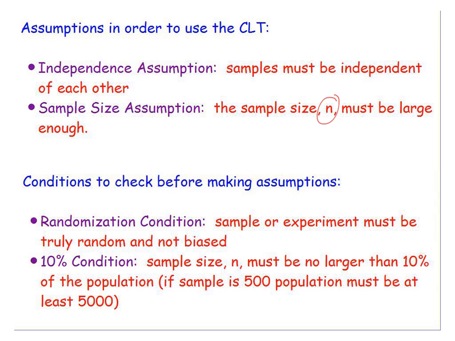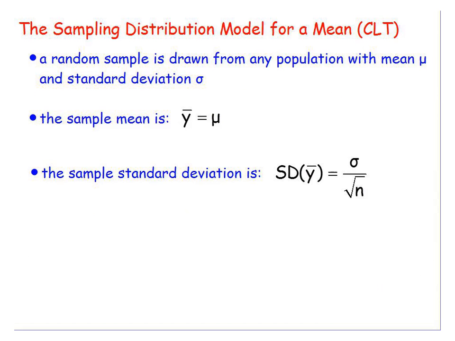So let's look at some important formulas. The sampling distribution model for a mean, again, the central limit theorem. The important information: a random sample is drawn from any population.